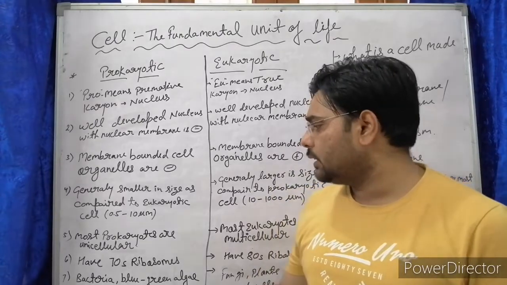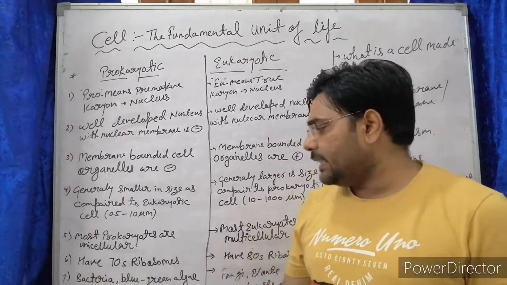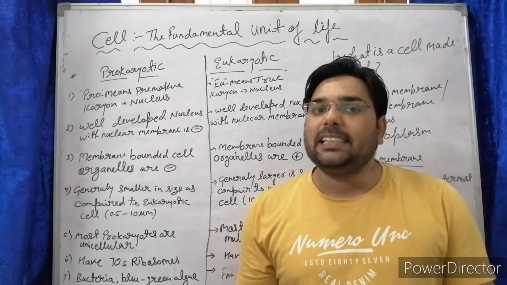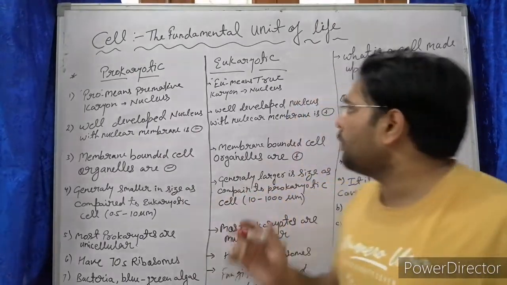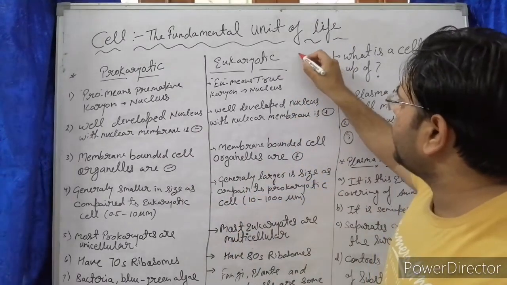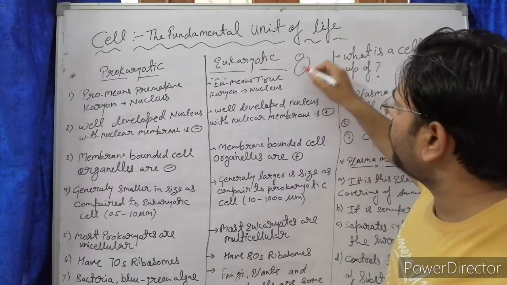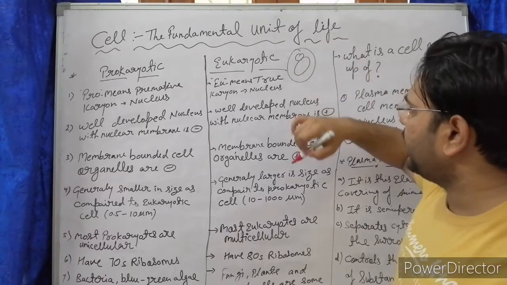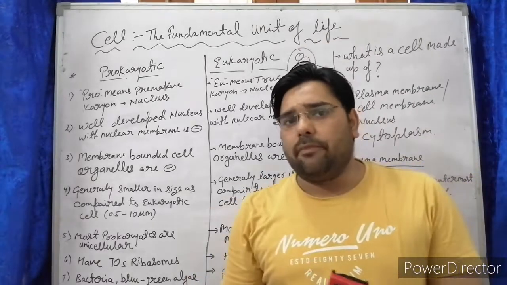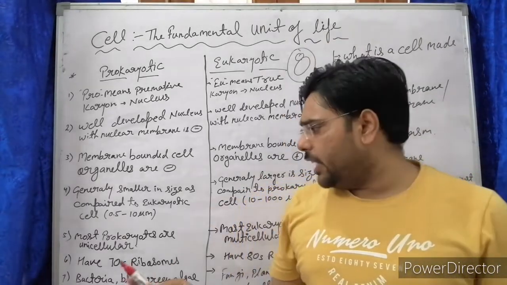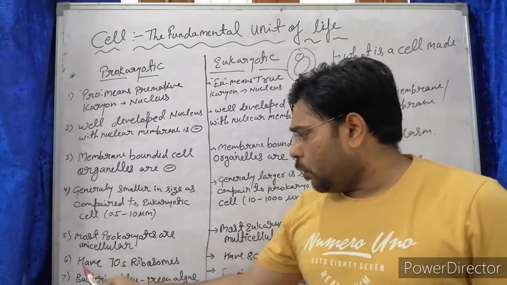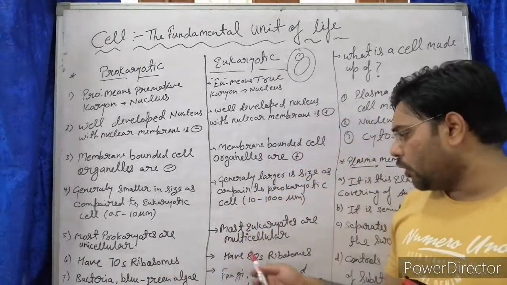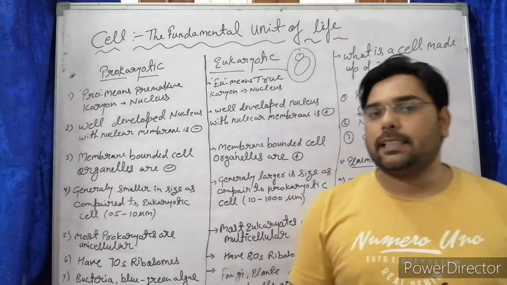Okay students, next, the 70S ribosome is present in prokaryotic cells. 70S is the subunit. A ribosome has a structure like this, one small unit and one big unit. So this is the kind of structure a ribosome has. We discussed this earlier, but here the prokaryotic cell has a 70S ribosome, whereas the eukaryotic cell has an 80S ribosome.